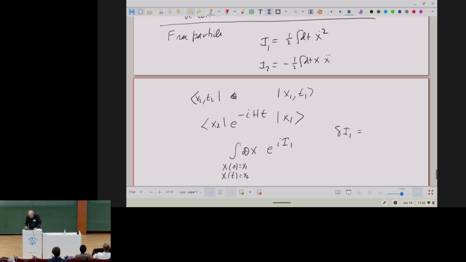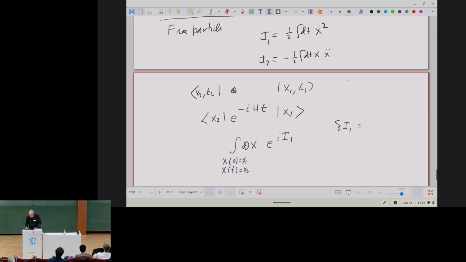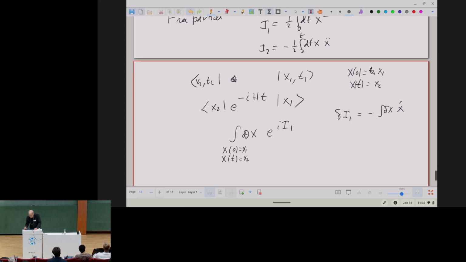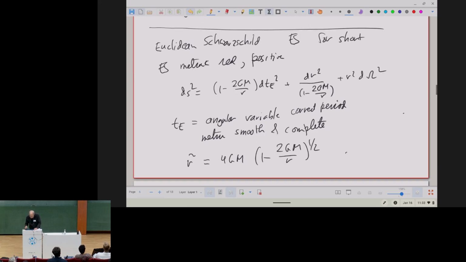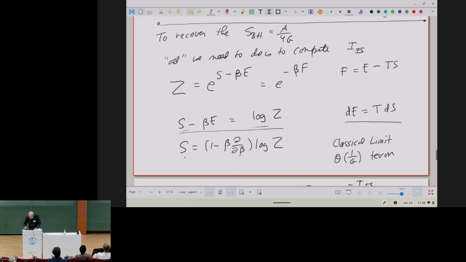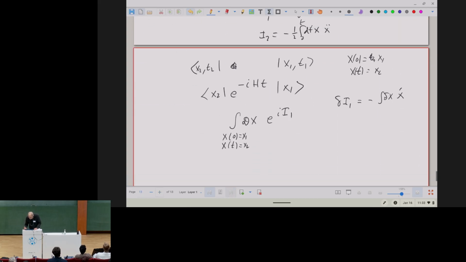With I1, you learn that the variation of I1, assuming the boundary conditions x of 0 is x1, x of t is x2, and the action is an integral from 0 to t, is the integral of the variation of x times x double dot. So a critical point of I1 that obeys the boundary condition is just a solution of the expected classical equation of motion.